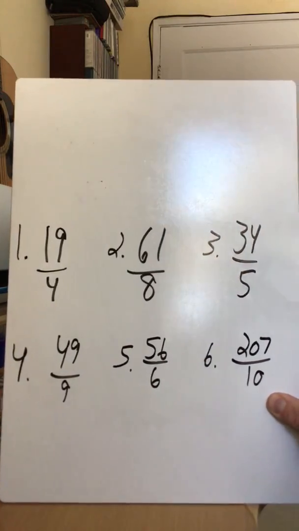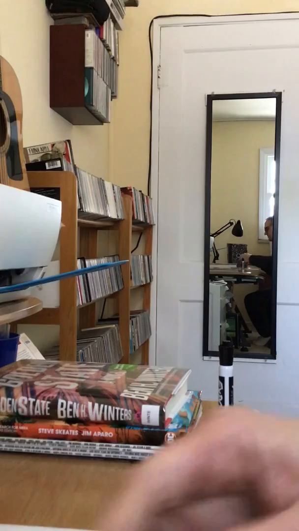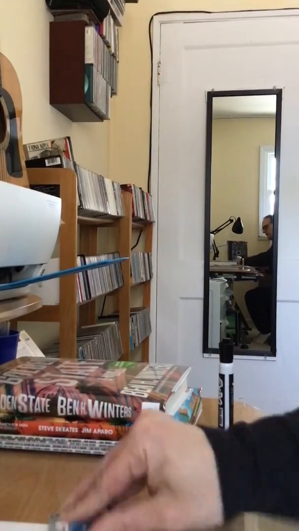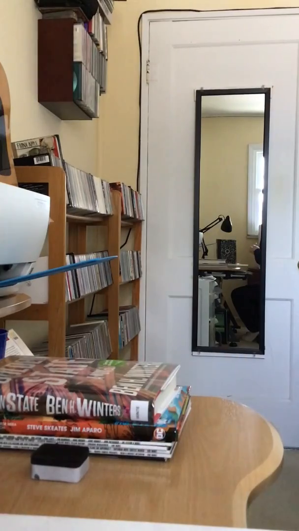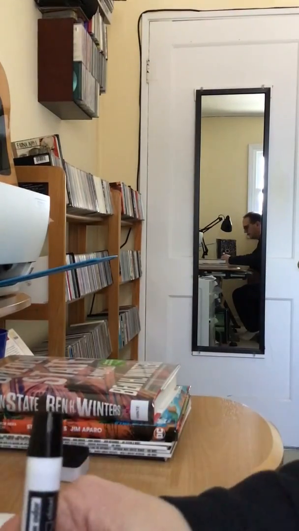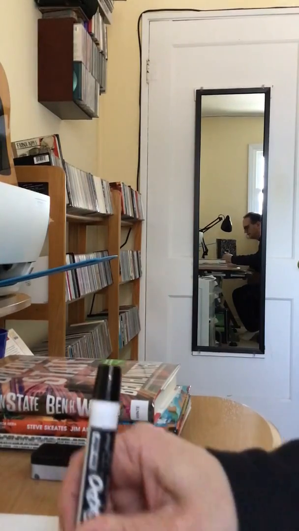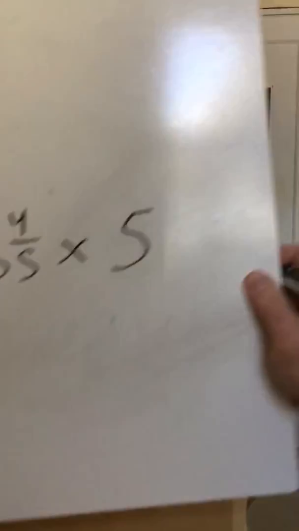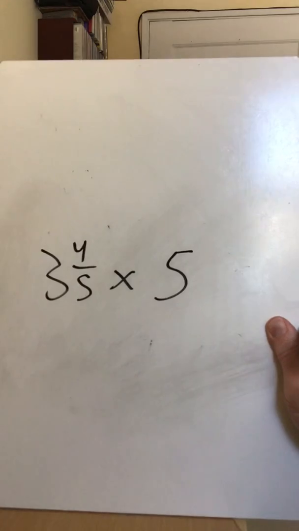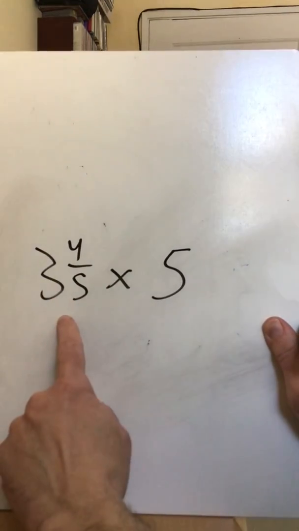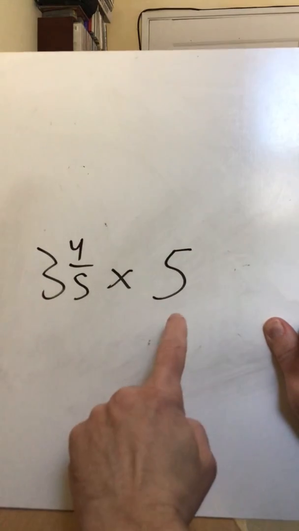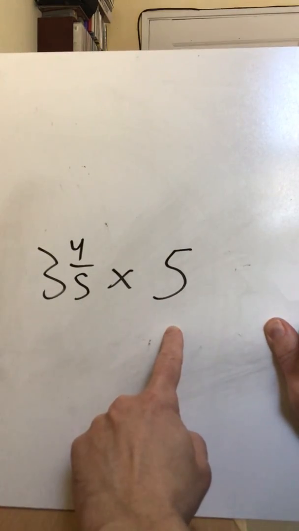Okay, so like I said, we're going to work on multiplying the mixed numbers today. Let's start with something relatively straightforward, like let's try 3 4/5 times 5. So we should know how to convert this into an improper fraction, and we should also know how to make this into an improper fraction.